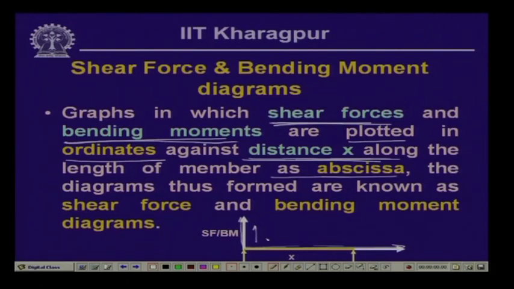And here, if we plot the shear force ordinates along the length of the beam, the plot which we get we call the shear force diagram, or the bending moment diagram if we plot the bending moment ordinate.